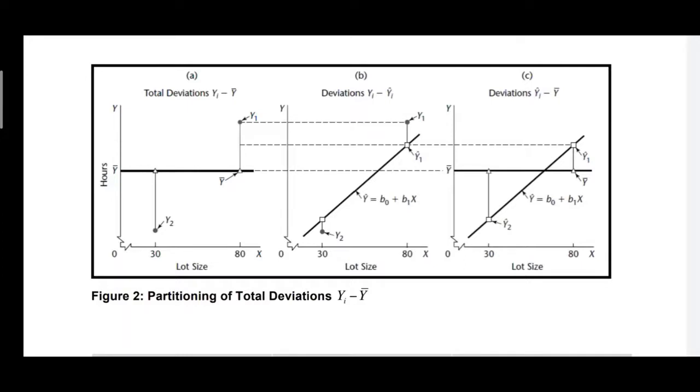So garisan ni, this line adalah line of Y bar, the straight line kat sini, itu Y bar. And then all the dots kat sini, points semua ni adalah observations of Y. So, the deviation di antara Y bar, maksudnya line ni, dengan Y for every observation, total of the deviation adalah SST.